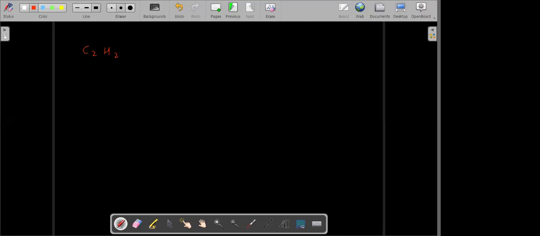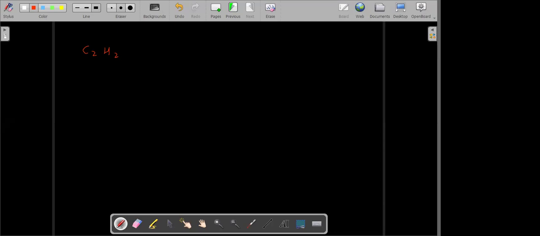So one carbon will be attached to one hydrogen and it will be in a triple bond with the other carbon atom. So the 2 carbon atoms will be held together with a triple bond between them. Right? So see, it will be like this.